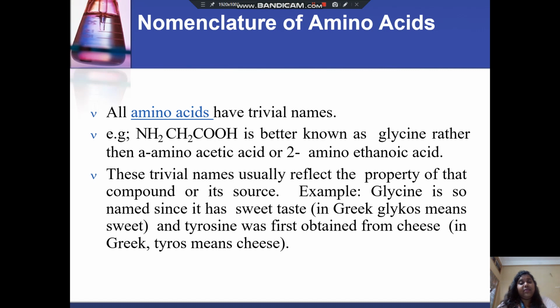These trivial names usually reflect the property of that compound or its source. For example, glycine is so named since it has a sweet taste; in Greek, glykos means sweet. Tyrosine was first obtained from cheese; in Greek, tyros means cheese.